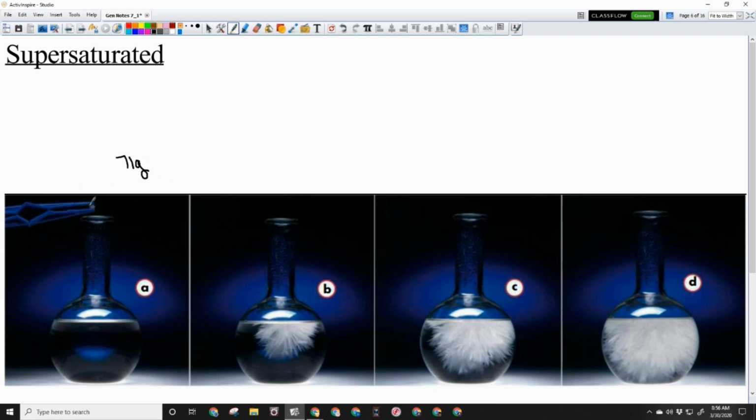Well, if you look at these forceps right here, they're holding a little tiny crystal of KNO3, a very, very tiny crystal. Now, they're going to drop it in, and when they drop it in, it's going to hit the water, and it's going to give a base for these crystals to build on.